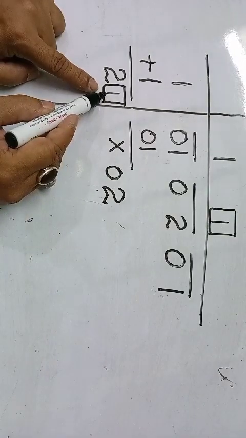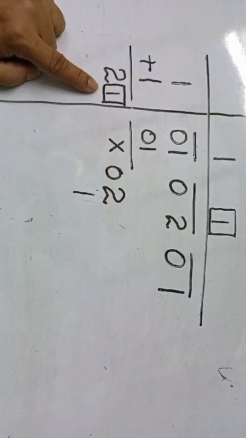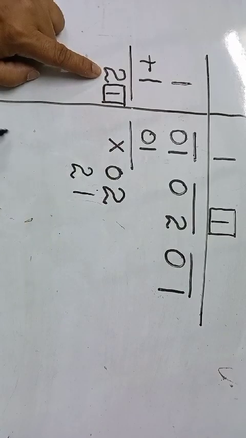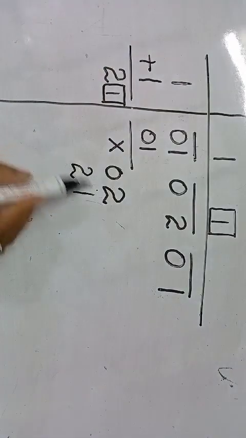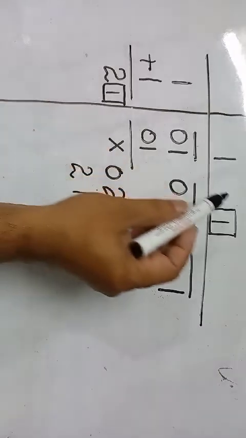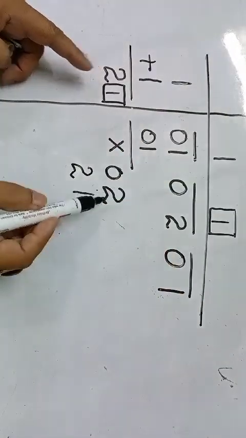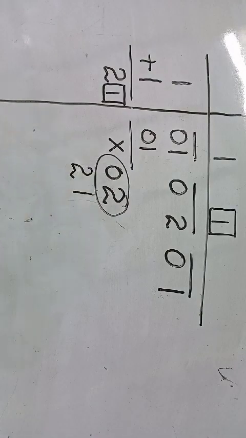So if I put 1 and 1 here, 1 into 1 will give me 1, but when you do 1 into 2, it will give me another 2. So I am going into a number 21, which is far more than 2. Okay, remember the method said that you have to use such numbers here which after getting multiplied should be either equal to this number or lesser than this number.